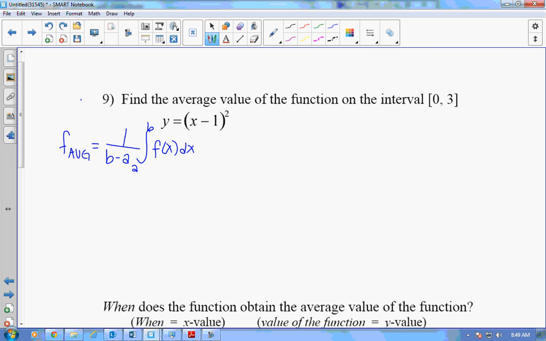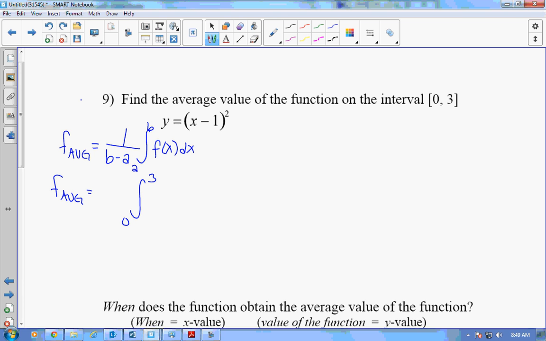Okay, so we just need to integrate f from a to b. What are our bounds? Ethan, what are the bounds for integration? For this problem, it would be 0 to 3.